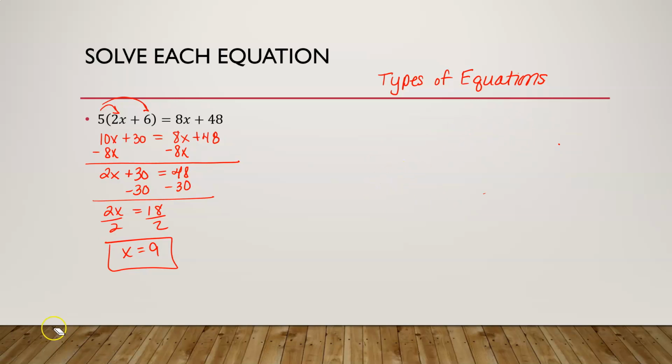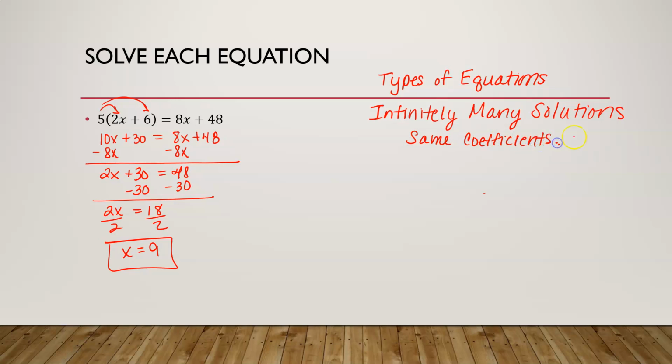Before we move on to my favorite and yours, word problems, is infinitely many solutions. What that means is you can plug in any number and it would work. So when there are infinite solutions, you have the same coefficients and the same constants.